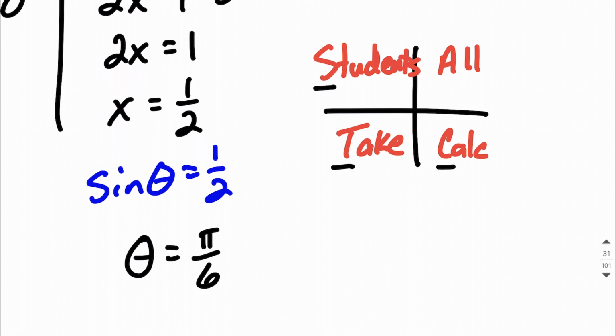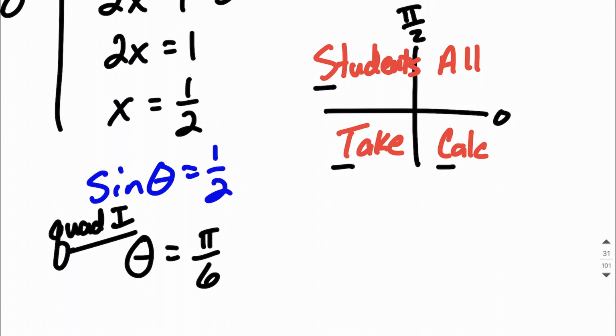So in our case, we had sine of theta equals positive 1/2. Well, pi over 6 fits between 0 and pi over 2, so this is quadrant 1. We got an angle in quadrant 1 of pi over 6. But there should also be an angle in quadrant 2 that would make a true statement here, right? Because sine is positive, and we have sine equals a positive 1/2.